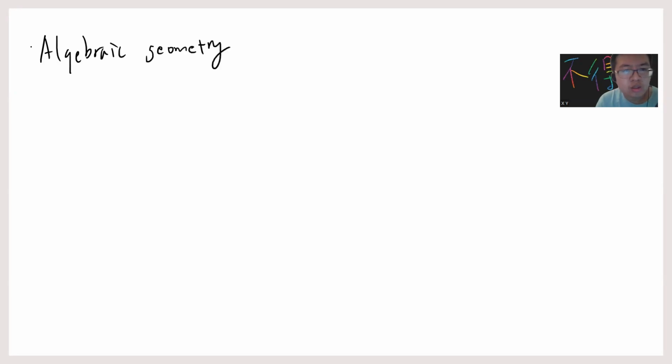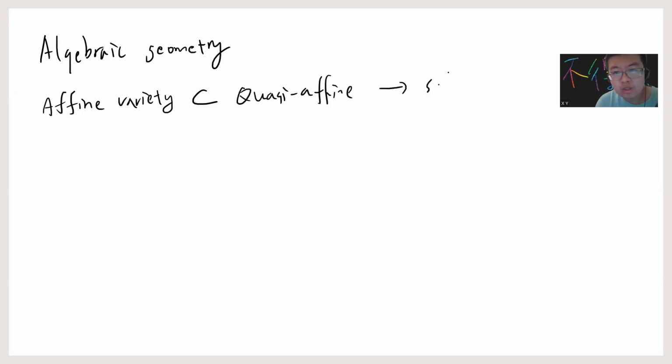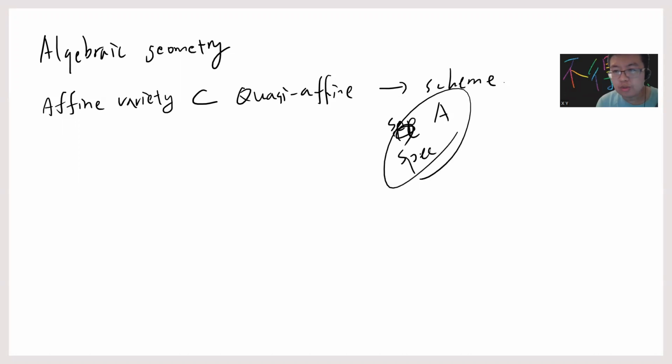One first starts with affine varieties, and then one can go to schemes, which are a generalization of varieties. The heart of schemes is that somebody gives you a commutative ring with identity, then you can construct the spectrum, called Spec A, and you can put a topology on it.